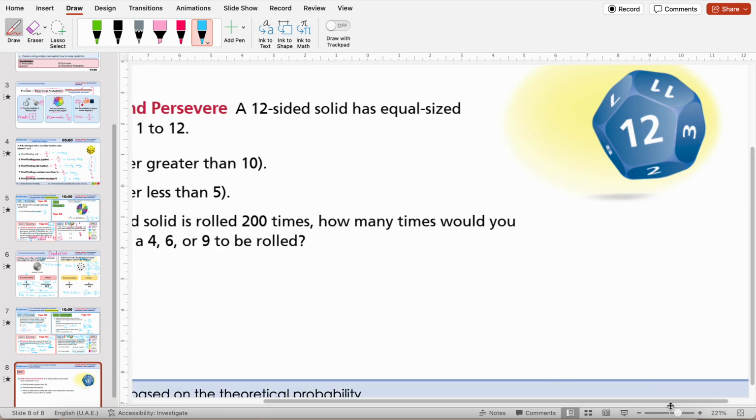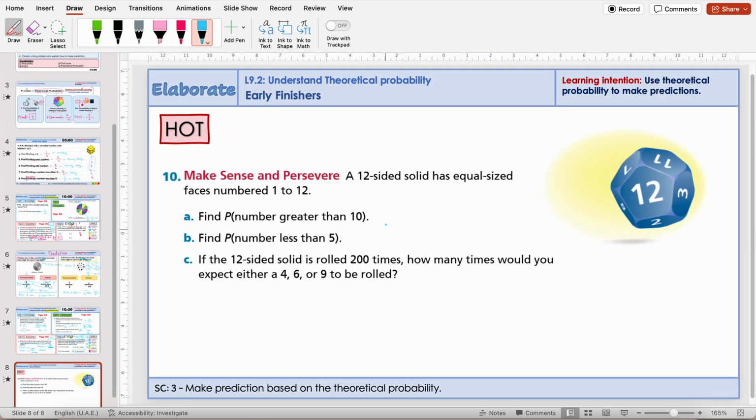And last question. A 12-sided solid has equal sized faces numbered from 1 to 12. So the outcomes are either 1, 2, 3, 4, 5, 6, 7, 8, 9, 10, 11, and 12. So it's a fair event.